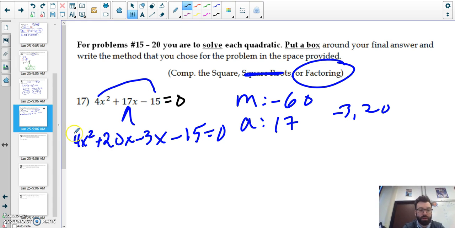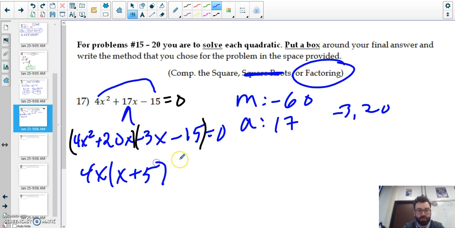Okay, I have 4 terms. I'm going to go 2 by 2 grouping. Here, the greatest common factor is 4x. Left over, 4x squared divided by 4x leaves an x. 20x divided by 4x gives me positive 5. Here I have a negative 3x minus 15. I want to take out a negative 3.